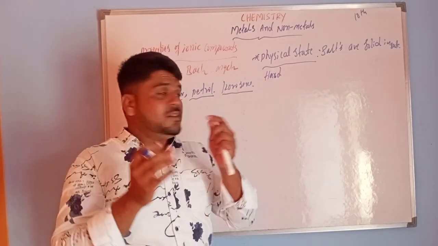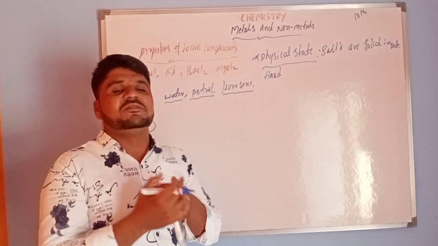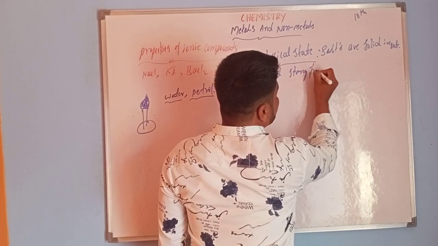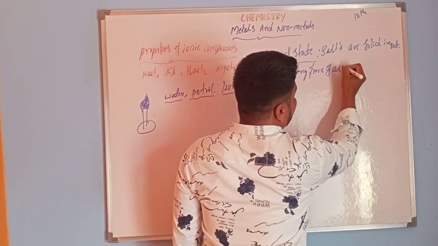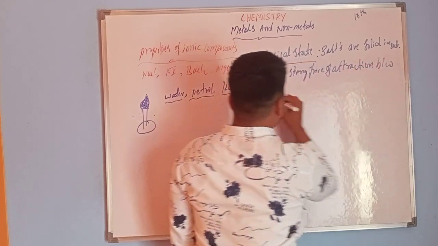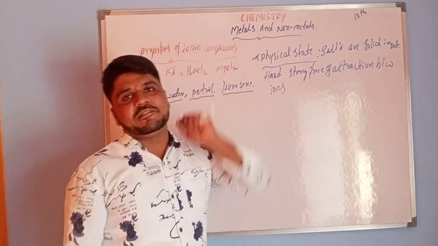Why are they hard? Because there is a strong force of attraction between the ions. Which ions? Positive ion and negative ion.